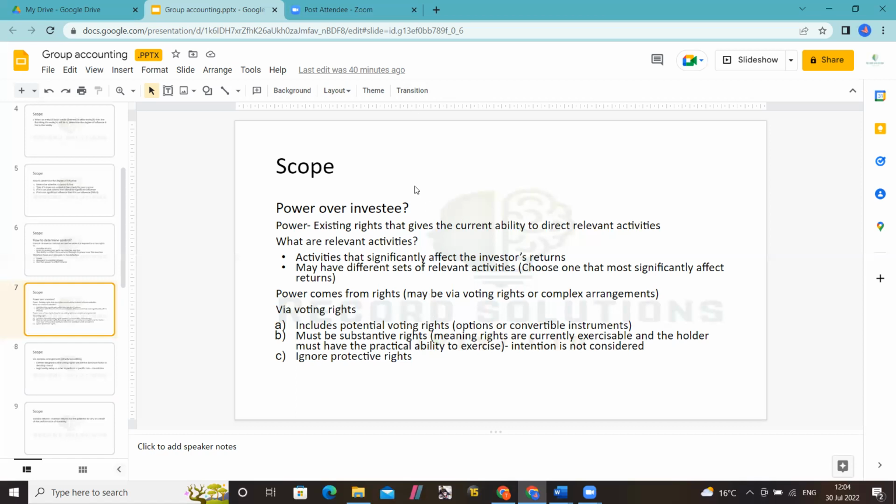So let me just give you a final example. A similar example. Entity A owns, let's make it now, 45%. B and C are still the same. B still owns 10, C still owns 20.